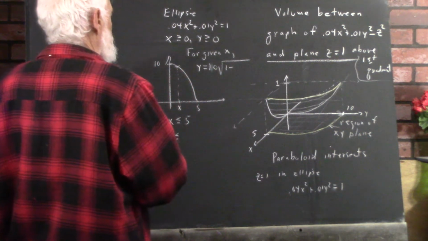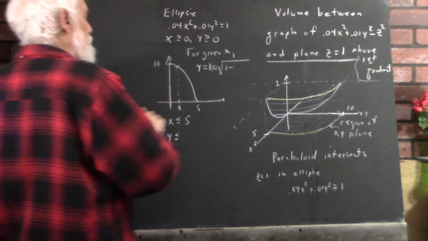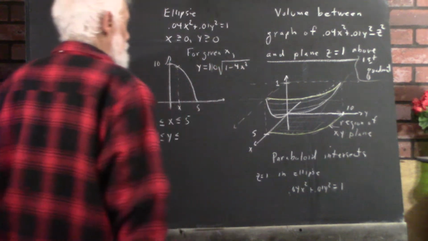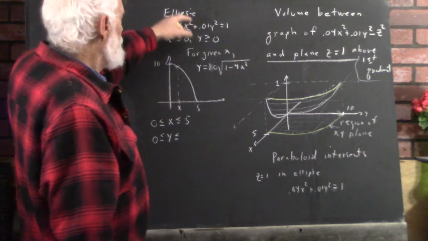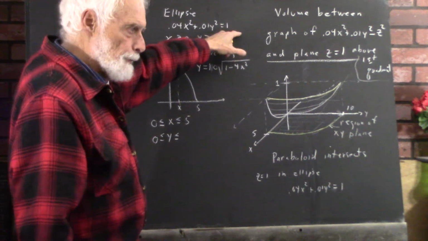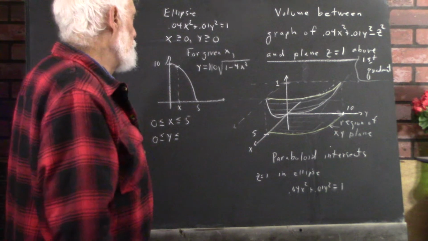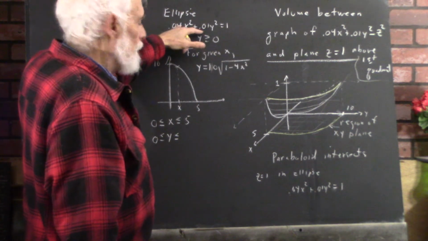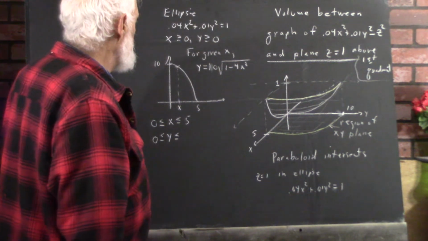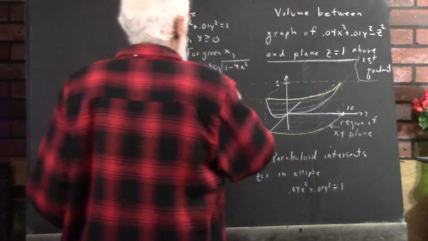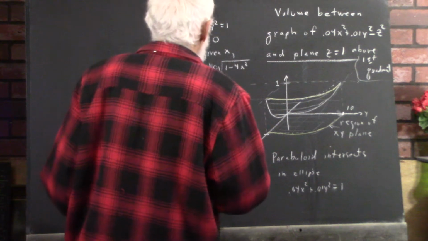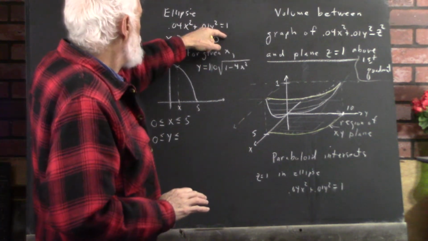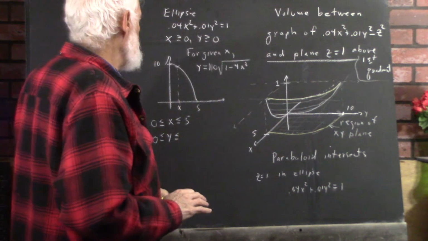Now I'm messing up the arithmetic. I believe that's right, because if we subtract the 0.04x squared from both sides, we get 1 minus 0.04x squared. If we divide everything by 0.01, that's the same as multiplying by 100. And we're going to get 100 minus 4x squared.